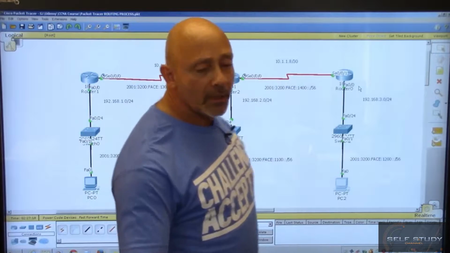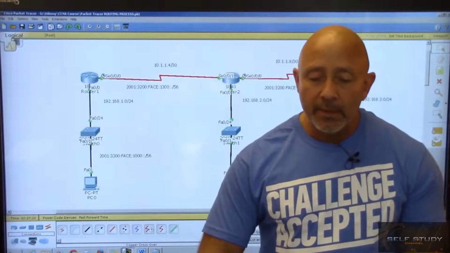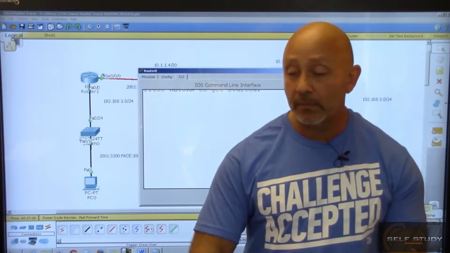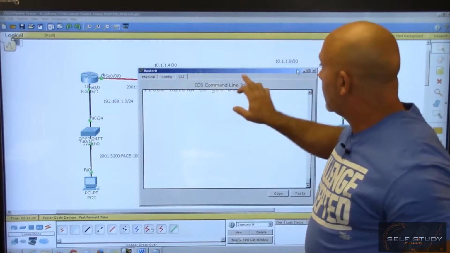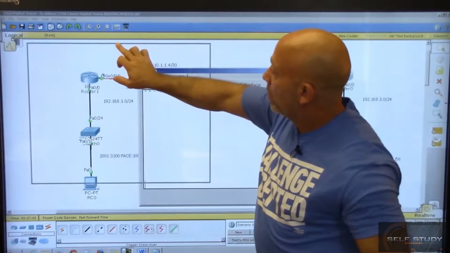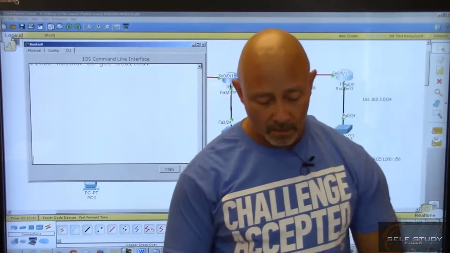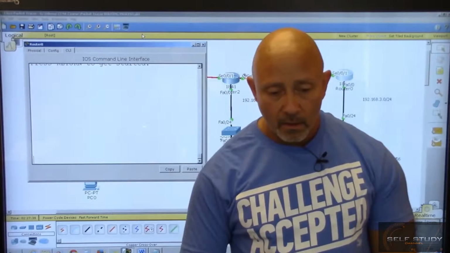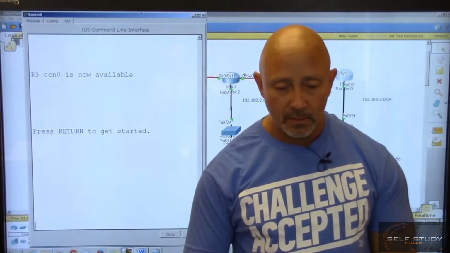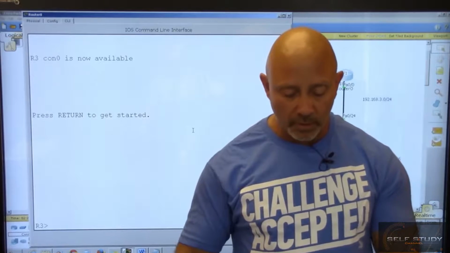But when you're looking at these, let's look at the interface. Let's pick this router right here. Let me open this up a little bit, just to show you the interface.